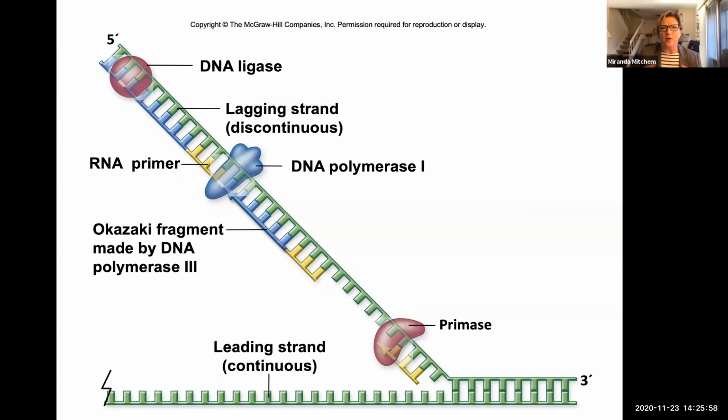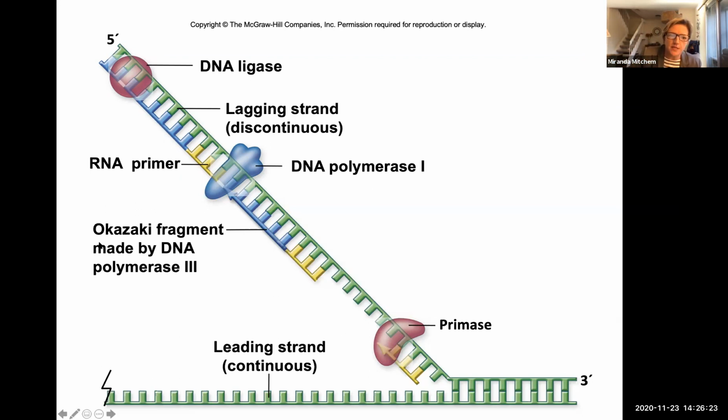So it's kind of like that old saying that you take 2 steps forward to go 1 step back. That's what the lagging strand reminds me of. It's happening, but we keep having to go in reverse so that we are in the right direction to go a little bit forward. Because again, that enzyme can only add on the 3 prime end. It cannot add into the 5 prime end.